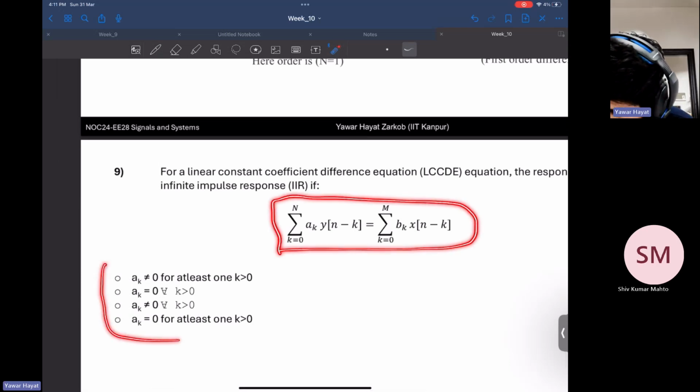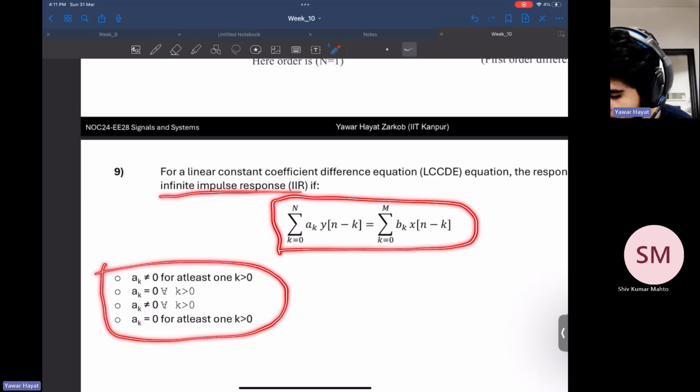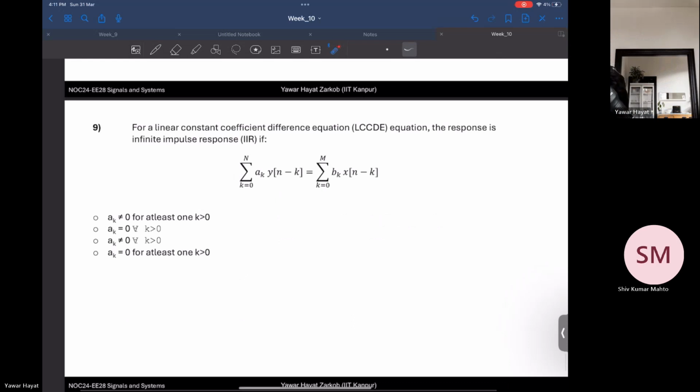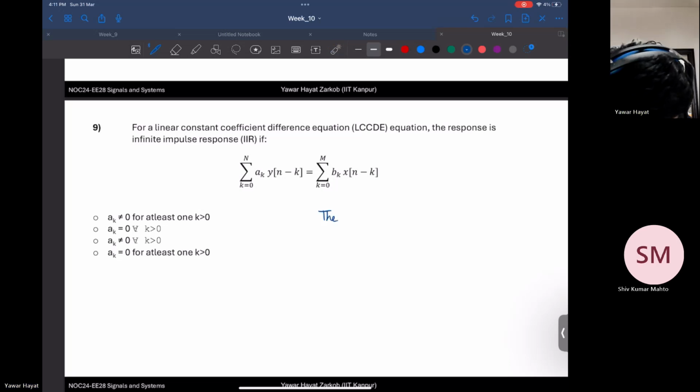Under what conditions will the impulse response be infinite? We will write the condition for the infinite impulse response.